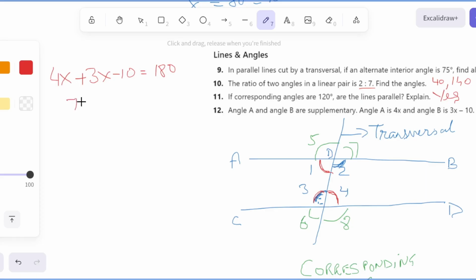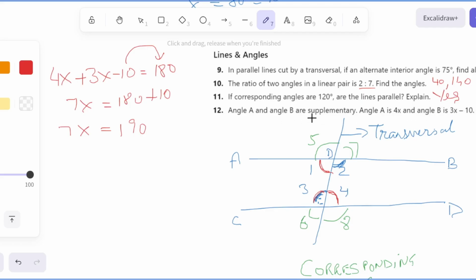4x plus 3x is 7x, and take this minus 10 to the other side. So that becomes plus 10 on the other side. Now 7x equal to 190. Is it 3x minus 10? Oh, sorry, this was 4x. Yeah, correct. 4x plus 3x minus 10.